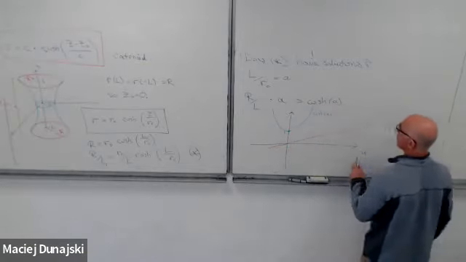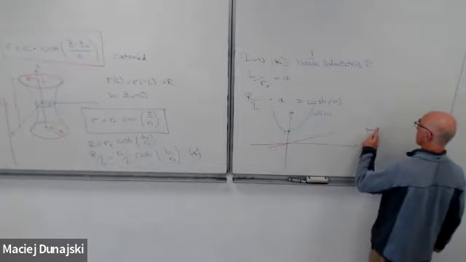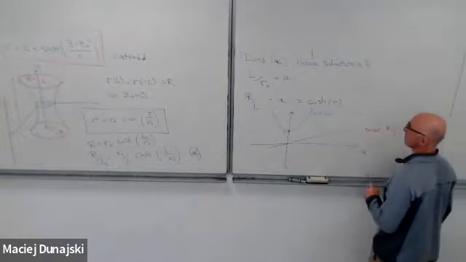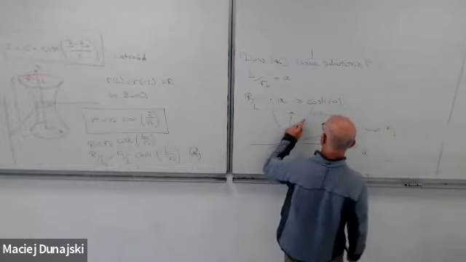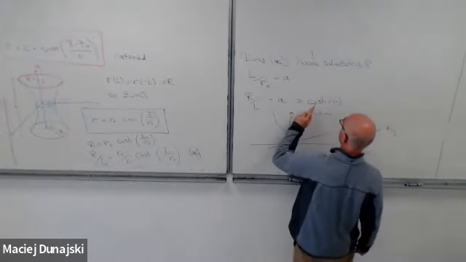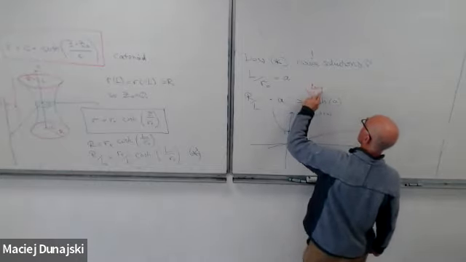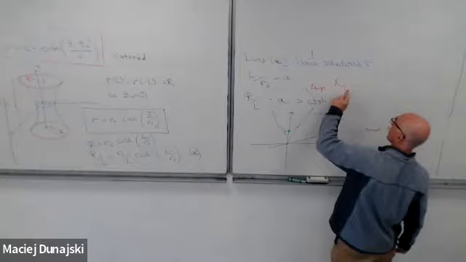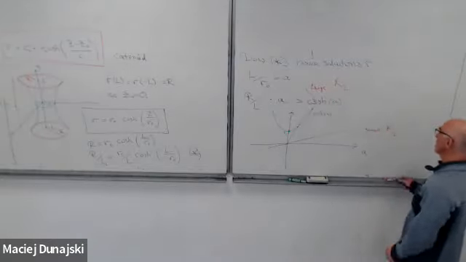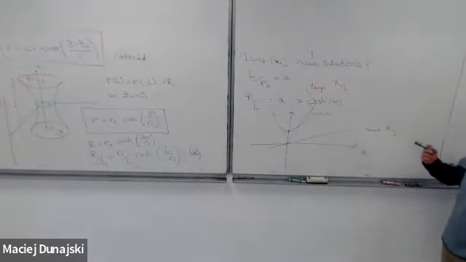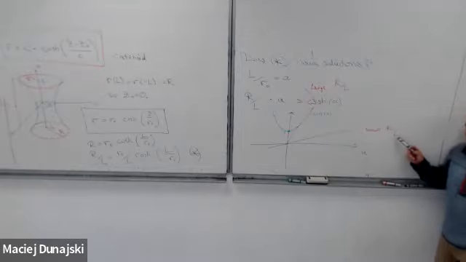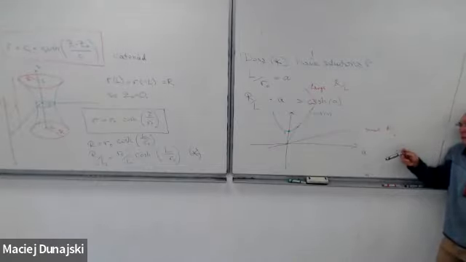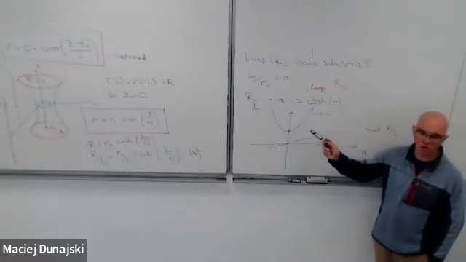So here's a straight line, and that corresponds to small R over L. Here's another straight line, and that corresponds to large R over L. Okay, so that agrees with our experimental bubble intuition, because what we're saying is that if capital R is fixed, so the radius of this wire is fixed, if you try to pull them too far apart, so if L is large, then the slope of this line will be small, and this line will not intersect the graph of cos, so there are no solutions.